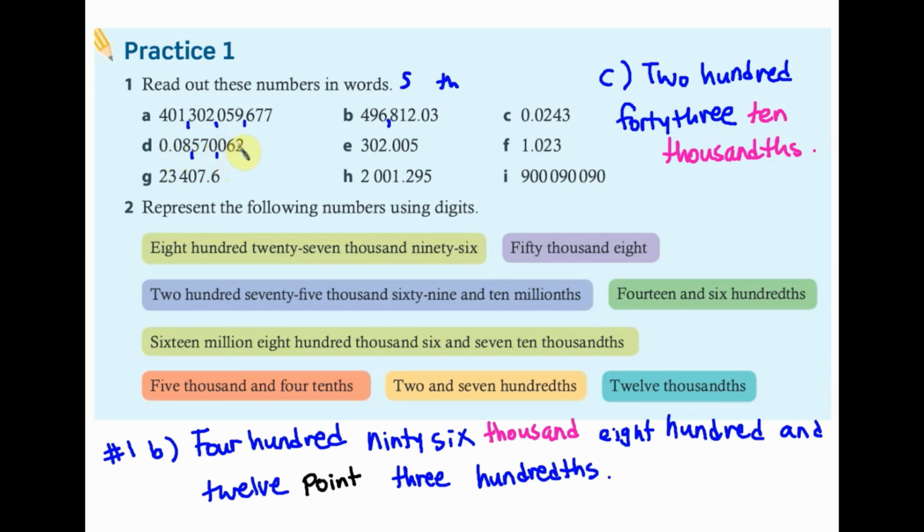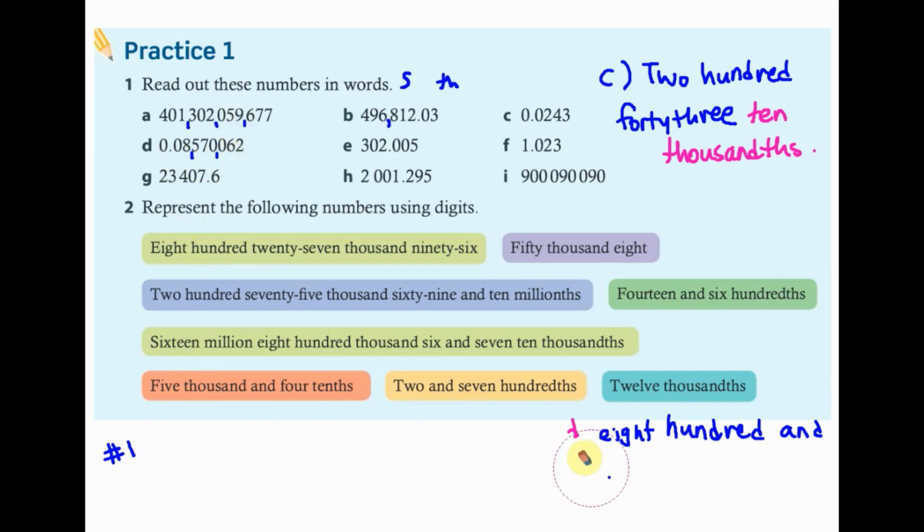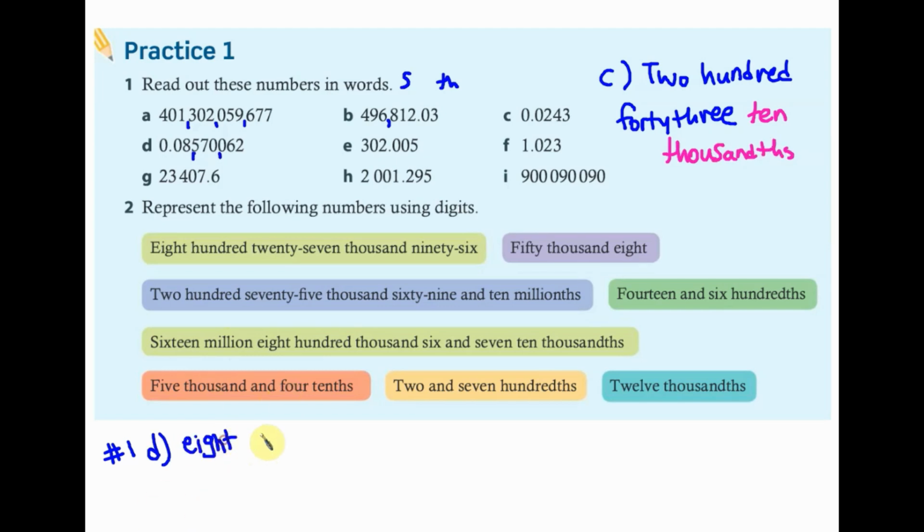Then I have another digit, so these will be billions. If I want to read part D, the biggest number is 8. However, the 8 is your million, 570, and this will be your thousand.